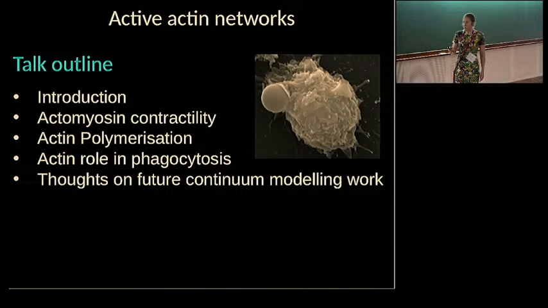I'm going to talk a bit about actin-myosin contractility, and I will talk more about actin polymerization, and I will apply these to the role of actin in phagocytosis as we think it might be happening. And then I will end with some thoughts on potential future modeling work at a continuum level. And I'm privileged to talk in front of an audience who may well be able to give me plenty of suggestions on that final point.